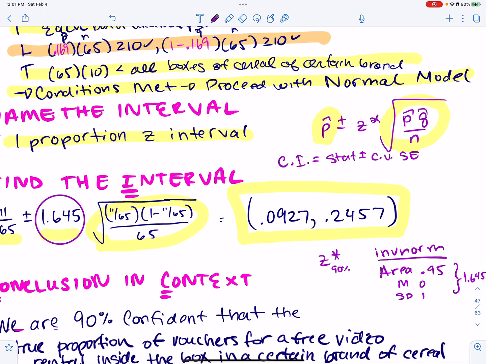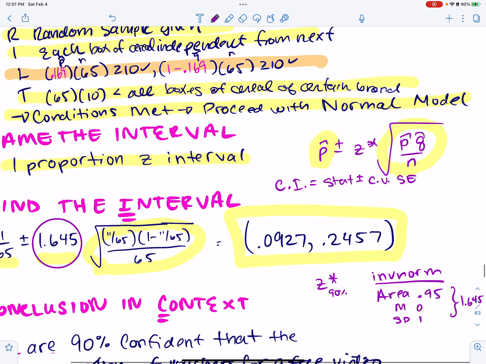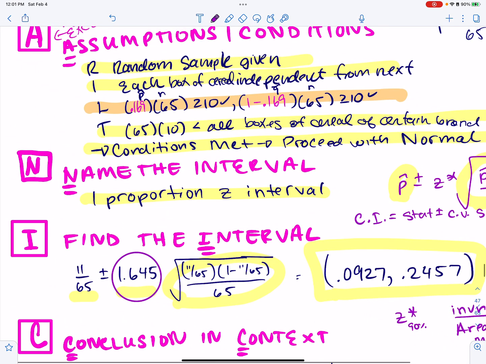The confidence interval calculator understands that, and it's already programmed to do that, so that's why you just put in the actual confidence level. Okay, and everything else you've already found, which is the p hat and q hat, and then of course this is your n.